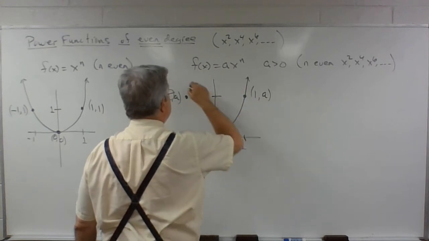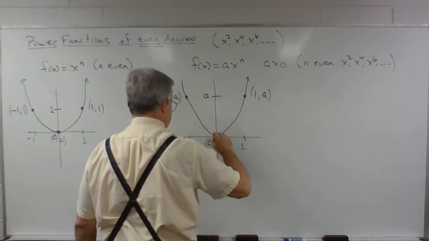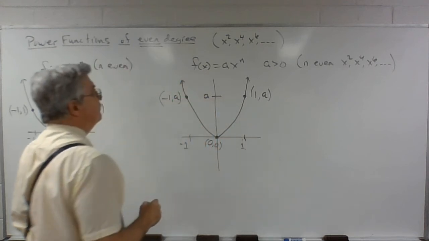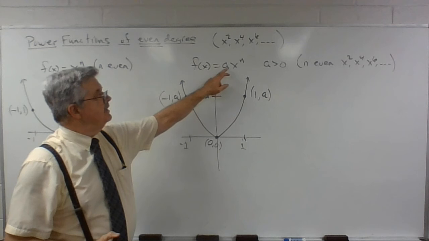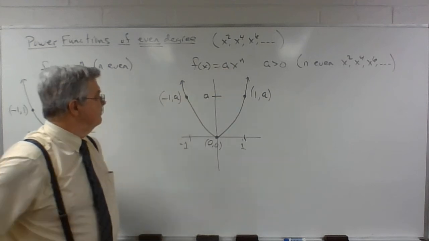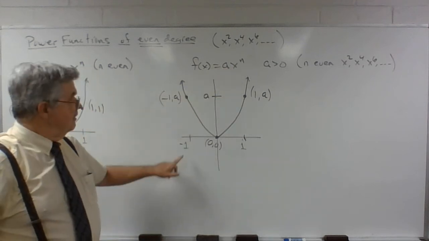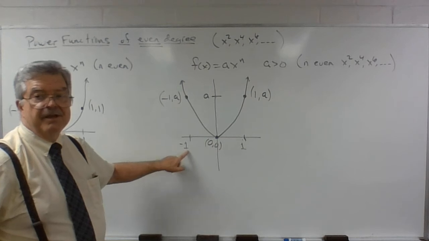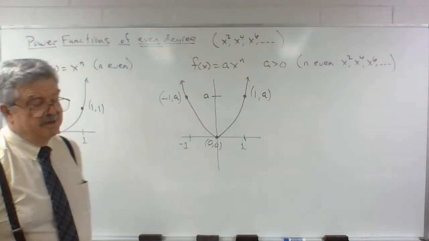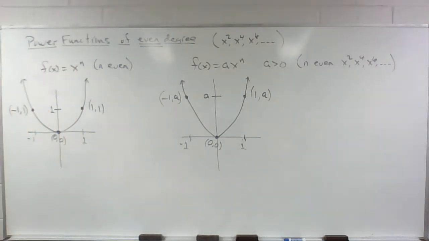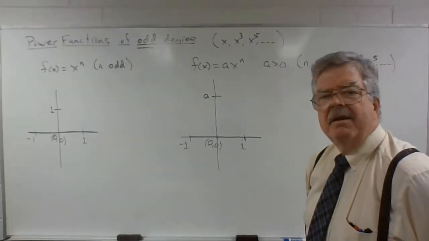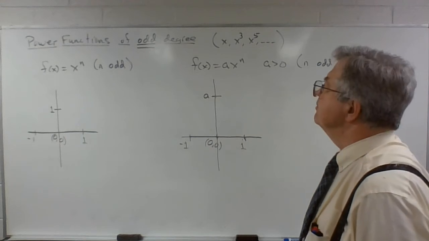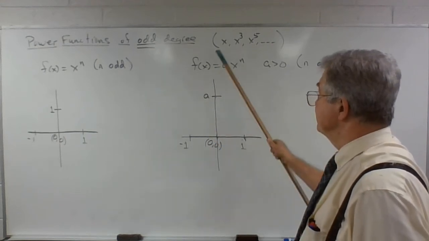And there is the graph of the power function f of x equals ax to the n. See that? Don't forget our old friends, negative 1, 0, and positive 1.